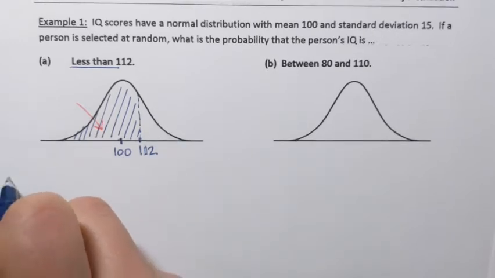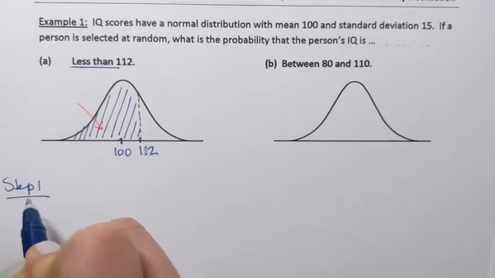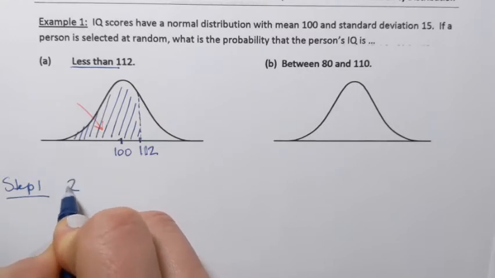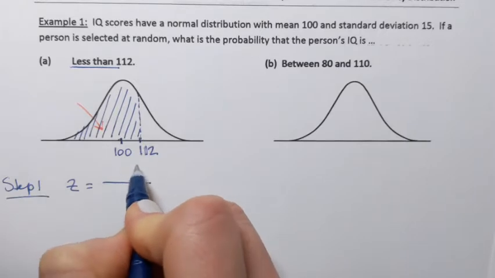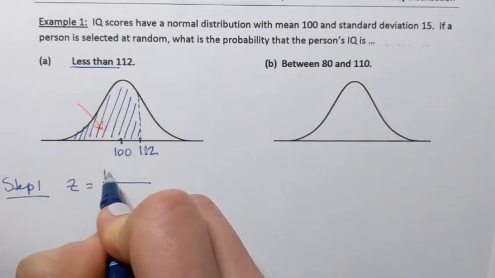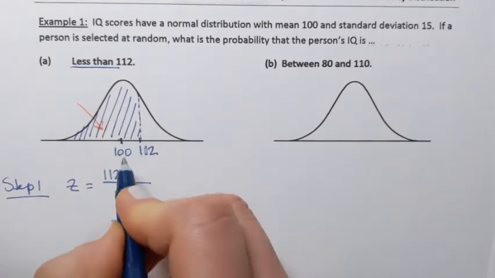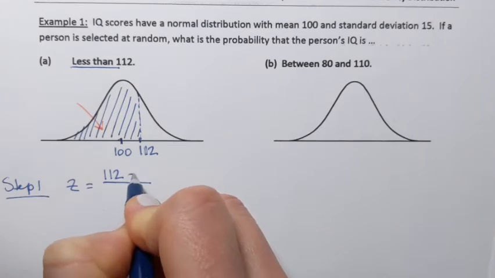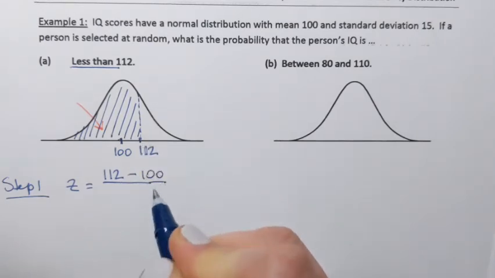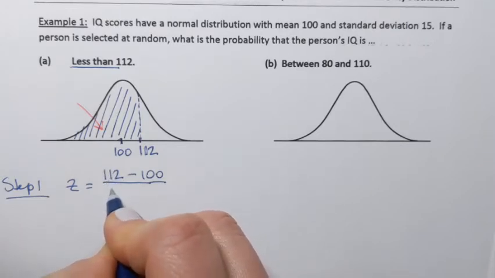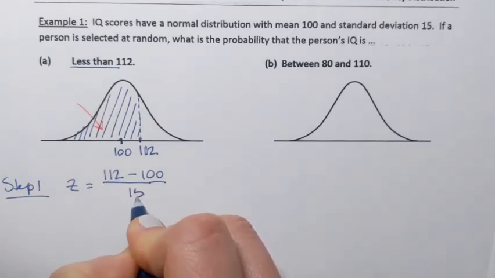So step 1 is to find the Z-score. Let me remind you that to find the Z-score, we have to take the data value, 112, subtract the mean. So what is the mean? It's 100. And divide by the standard deviation. So that's 15.